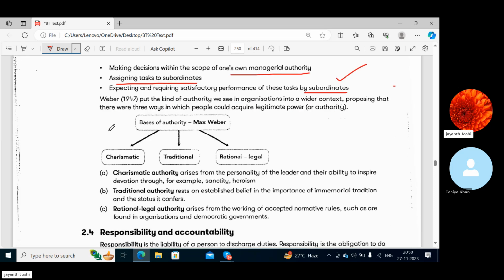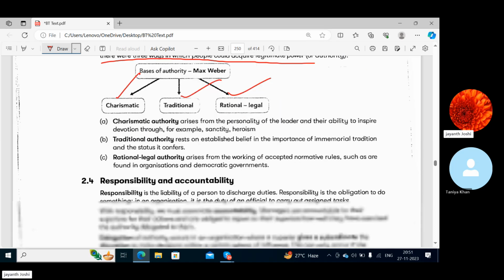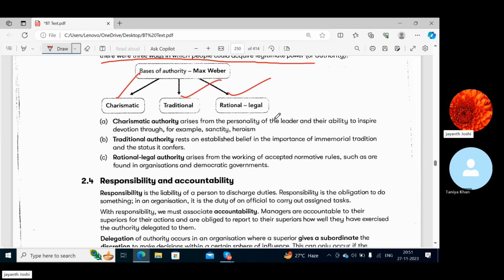Weber, 1947, put the kind of authority we see in organizations into a wider context, proposing that there were three ways in which people would acquire legitimate power or authority. Basis of authority, Max Weber: charismatic, traditional, rational-legal. Charismatic comes from the personality of a leader and their ability to inspire devotion through, for example, sanctity or heroism. So people get inspired.